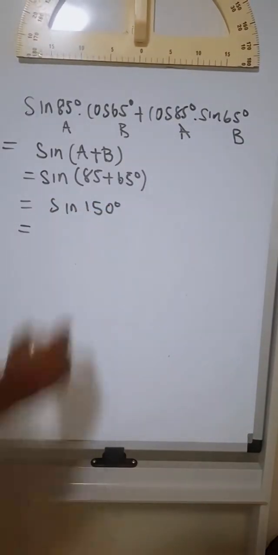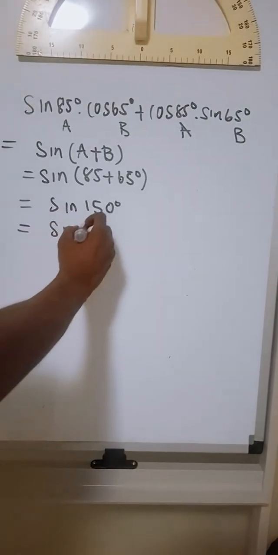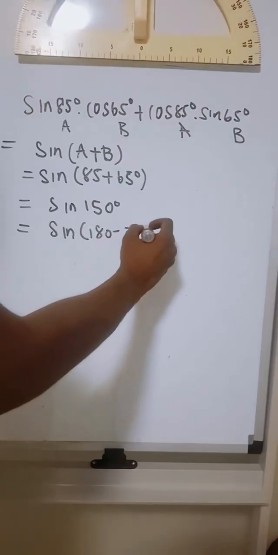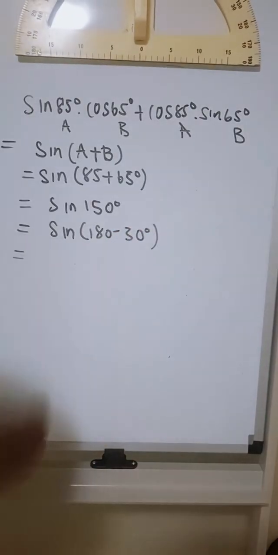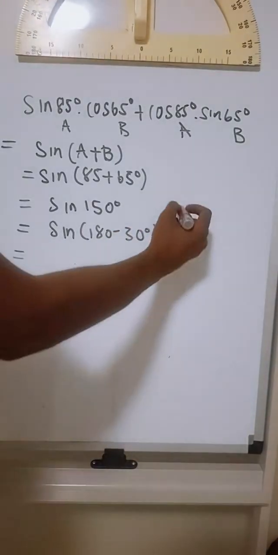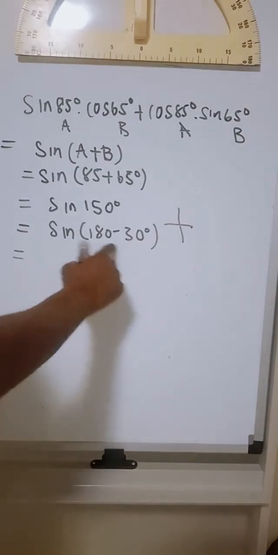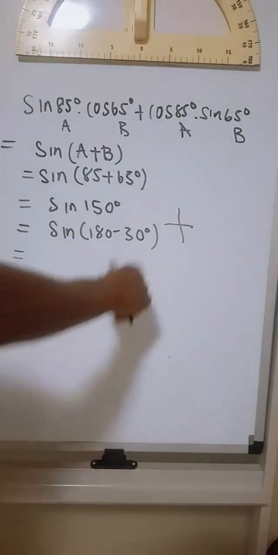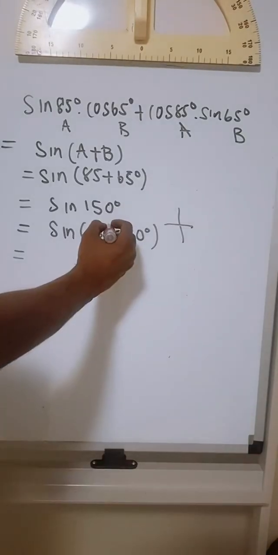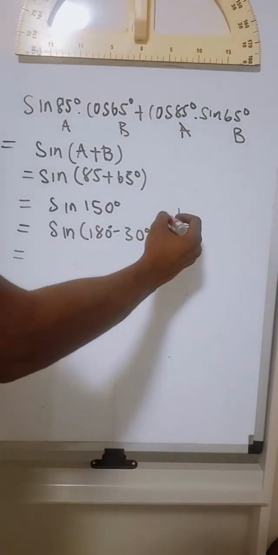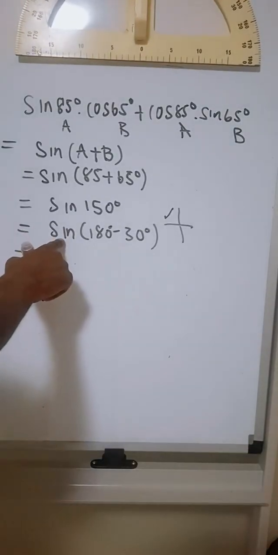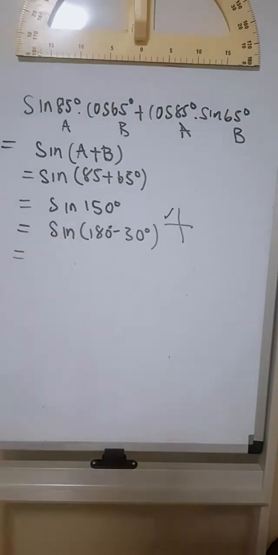Then, if you reduce sine of 150, that's 180 minus 30. If you reduce using the function values, 180 minus 30 is the second quadrant. How is sine in the second quadrant?